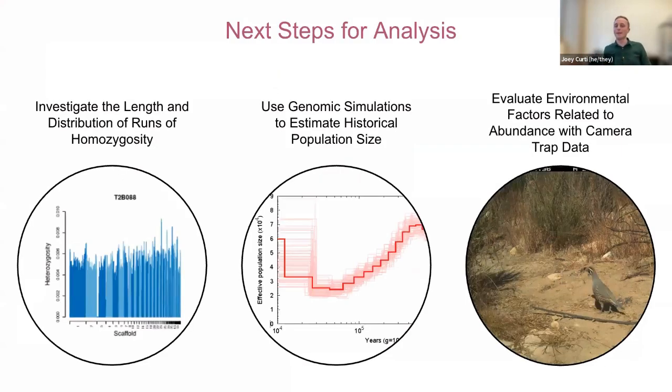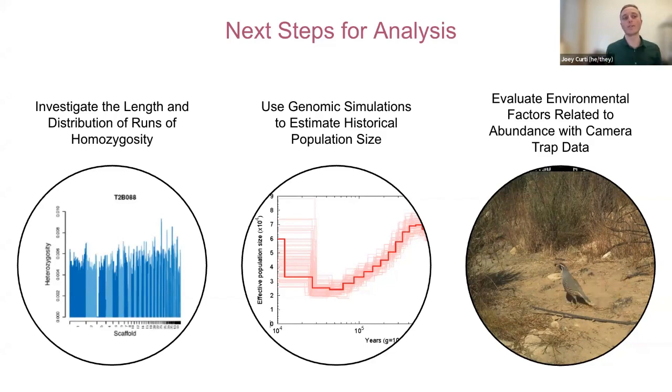So a couple next steps. First of all, we want to investigate the runs of homozygosity across the genomes of these animals that we talked about a little bit. We really want to characterize to what extent we see this. We saw a couple of individuals with areas in their genome where they lack diversity. We want to ask questions like, what are the genes in those regions?